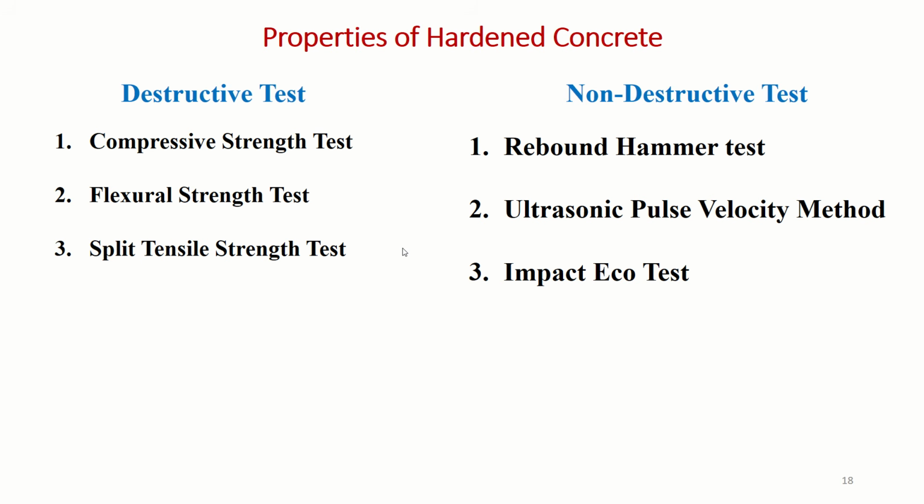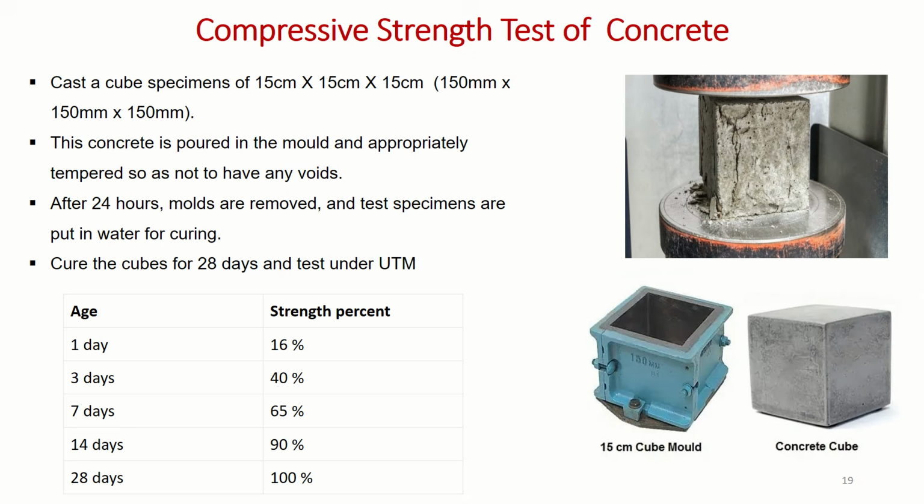In destructive tests we have to wait for 28 days to get the results, and when casting the beam, cube, and cylinders, we need material samples, cement, sand, aggregate, which means it is costly, whereas non-destructive tests are not much costly. That's why they are normally used for existing structures also. Whenever you want to demolish any old building, structural audits are carried out with the help of non-destructive testing.